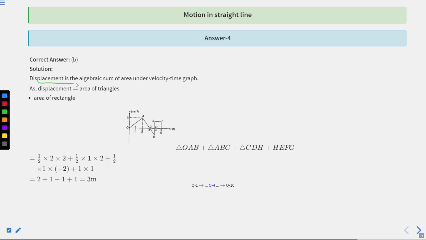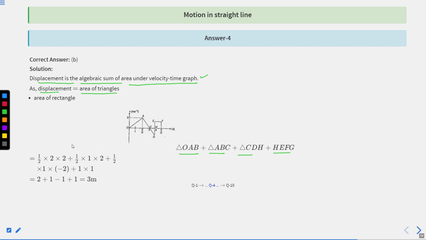So displacement is the algebraic sum of the area under the velocity time graph. Displacement is equal to the area of the triangles. Find out the area of the triangles. Clear? Triangle OAB, triangle ABC, triangle CDH, and then add HEFG. Clear? Why are we adding? Because displacement is the algebraic sum of the area under the velocity time graph.